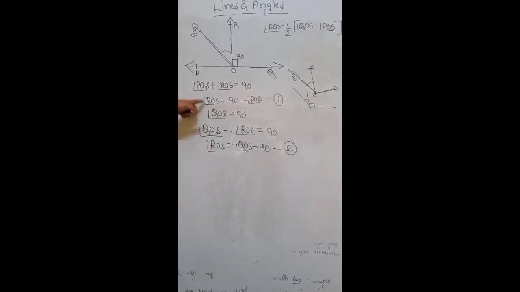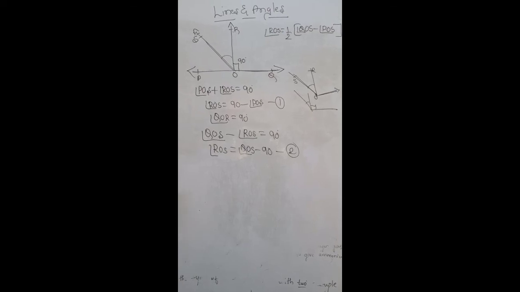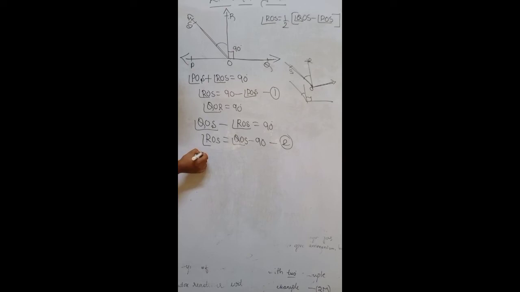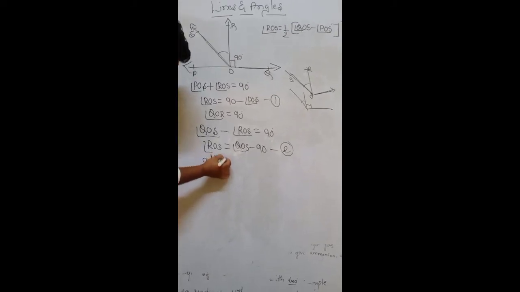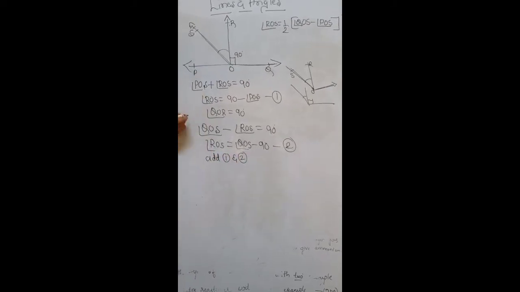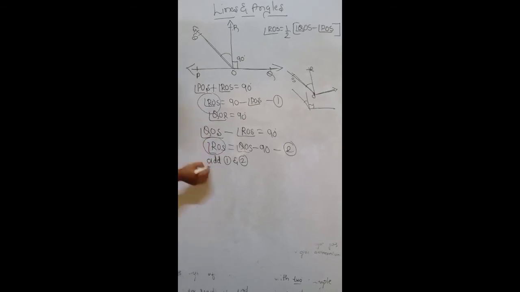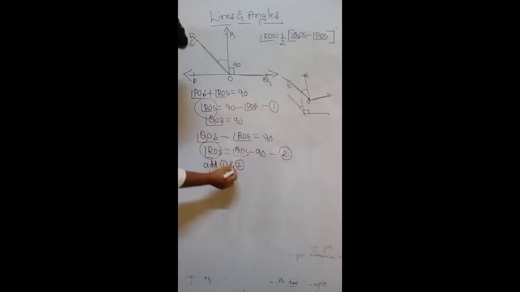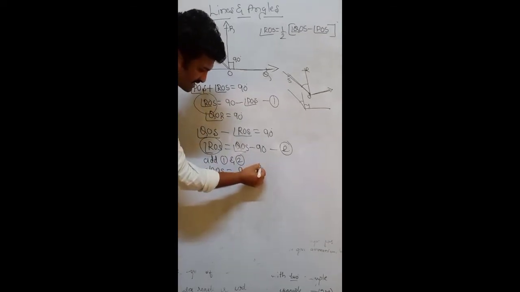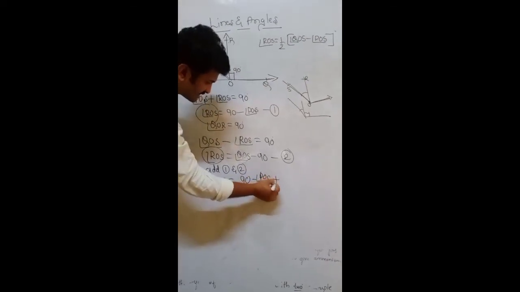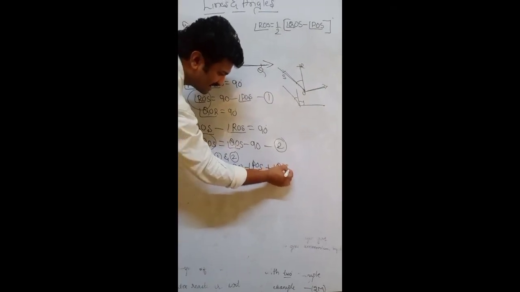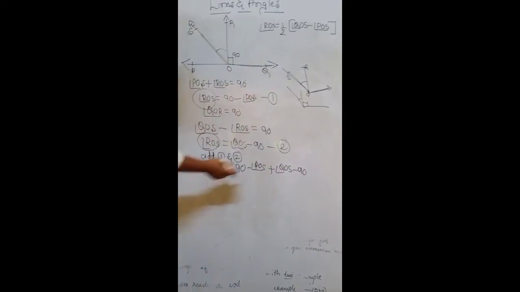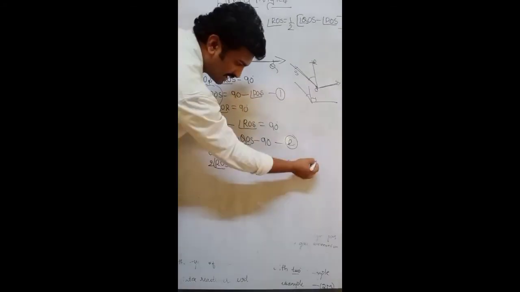Okay, now both sides ROS. Adding equations 1 and 2. ROS plus ROS, 2 ROS equals 90 minus POS plus QOS minus 90. In this one, plus 90 minus 90 cancels.